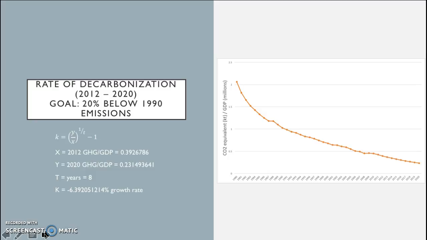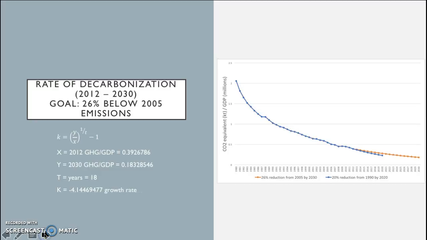So you can see it here at the end, it gets a little bit steeper than what it was before because the other ones were -4. And then looking at the goal of 26% below 2005 emissions, you can see the one that I just talked about is in the graph in blue, and then the 26% below 2005 emissions is in orange.